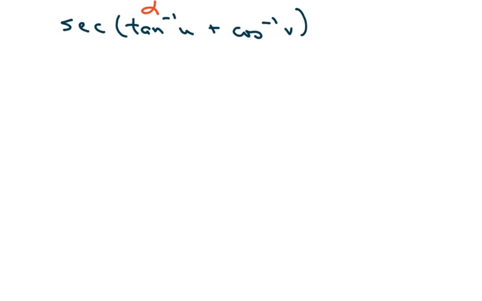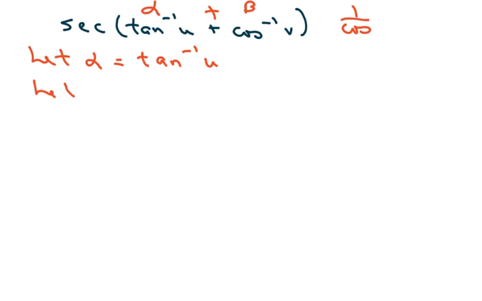First of all, we're going to let this be alpha and this is beta, and remember secant is 1 over cosine. So basically we're just going to have to flip our formula. We're going to let alpha equal inverse tan of u, and we're going to let beta equal cosine inverse of v.